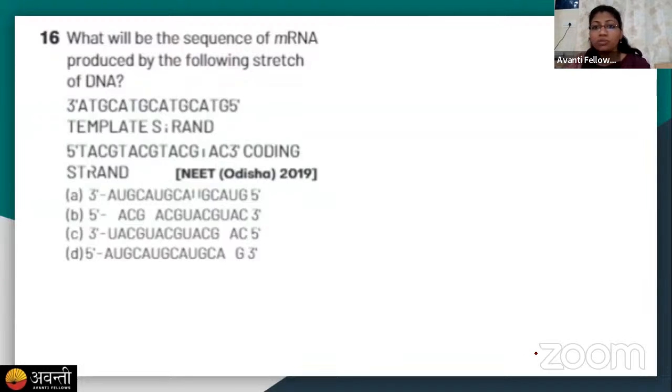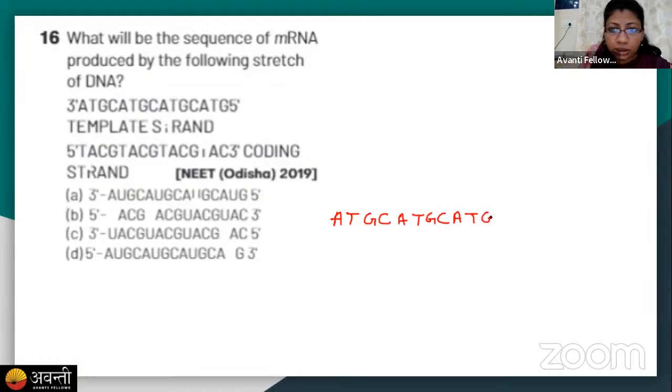Okay, great. You have given your answer and you have opted for option C. So let's see whether it is correct or not. Our template strand has A, T, G, C, A, T, G, C, A, T, G, C, A, T, and G. As you know, in DNA we have thymine, whereas in RNA we have uracil.